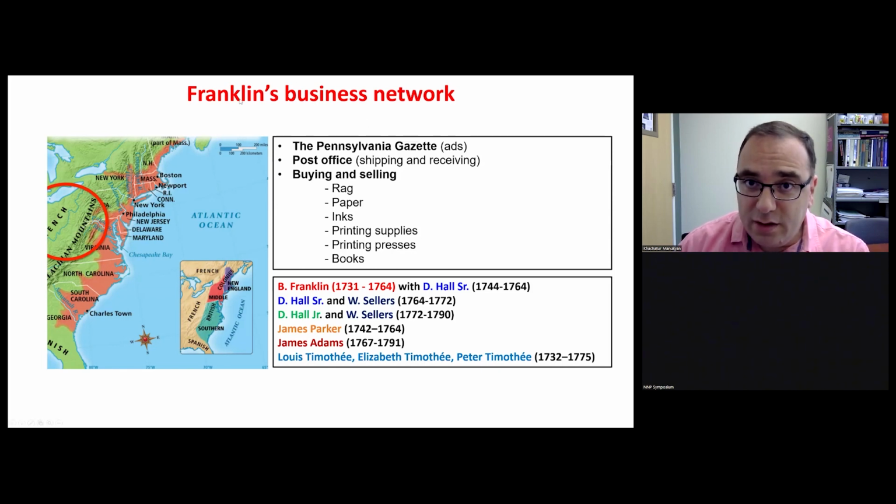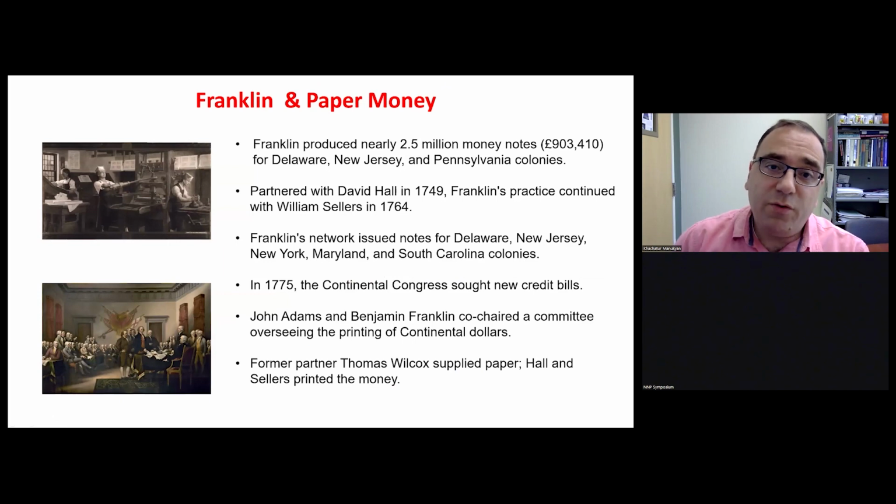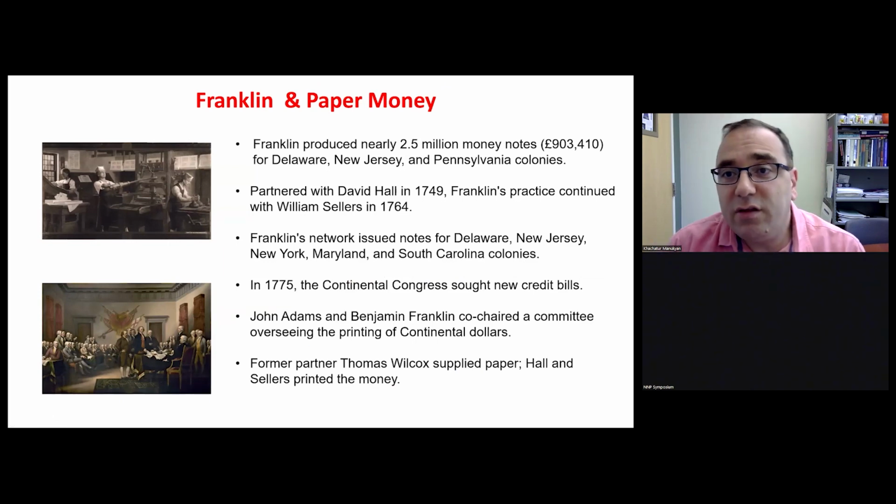And his business partners also used the techniques he created for printing paper money. Summarizing his activities in paper money, he printed nearly 2.5 million money notes with a total worth of about 900,000 pounds for different colonies. Then he retired.